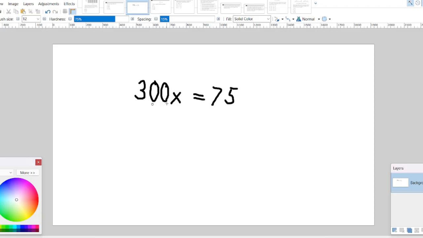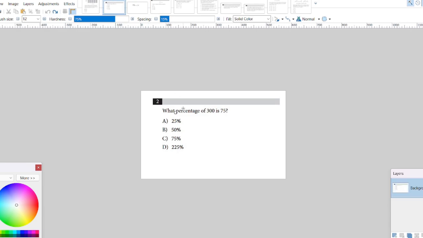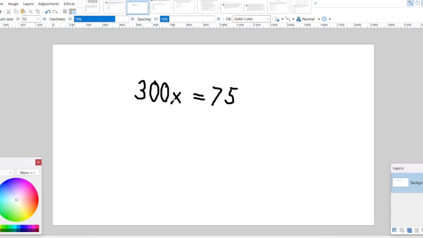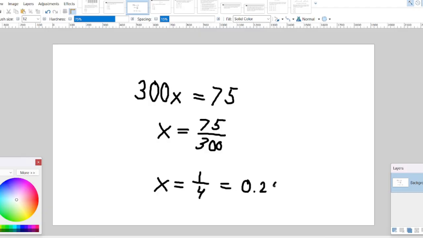Now, note that the solution to x here is not the answer to this question. It just gives us the number equivalent of the percentage that we're looking for. Okay, so we divide both sides by 300 in this expression, and we get x is equal to 75/300. We simplify 75/300 to get x is equal to 1/4, or also known as x is equal to 0.25.